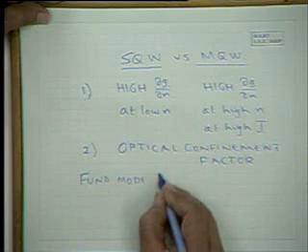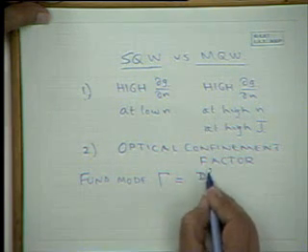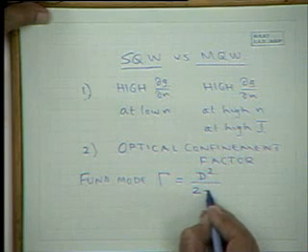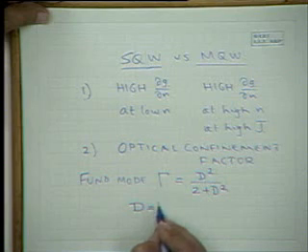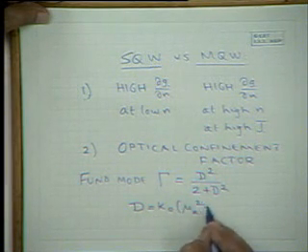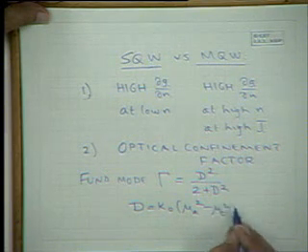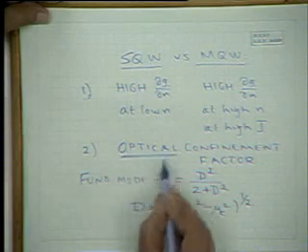this optical confinement factor gamma is something like D squared over 2 plus D squared, where D is equal to k0 d times (mu_A squared minus mu_C squared) to the power half. Now we are talking about optics.